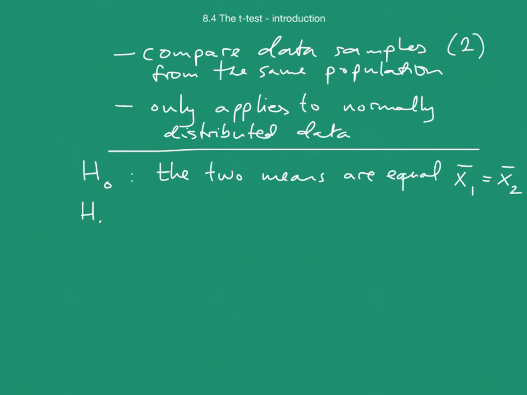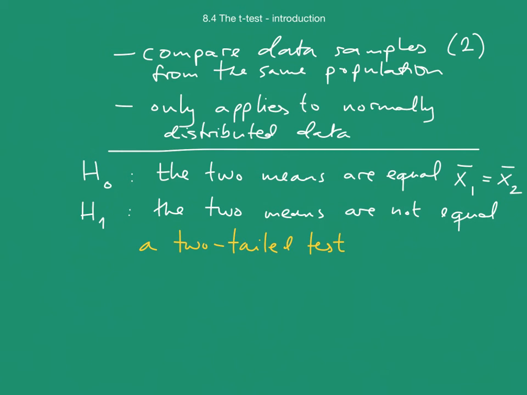The alternative hypothesis is that the two means are not equal. And here we can distinguish between two types of tests. We'll get back to this, but what we call a two-tailed test, and the other one is called a one-tailed test.